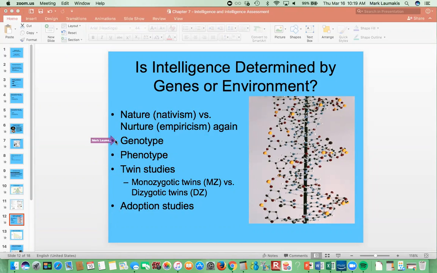So I need the bio people in the audience here to help me distinguish between these two. So if you were an AP Bio star in high school or you're taking bio here at SDSU, let's begin with genotype. What is the genotype? When we talk about genes and environment here, one of the terms that's important is genotype. So the genotype is what?